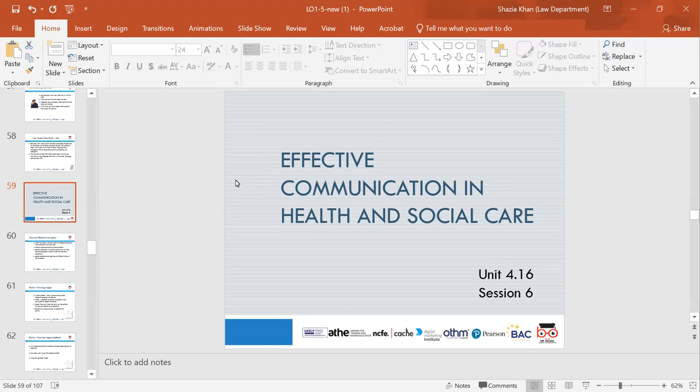So in the last session, which was looking at identifying key elements of effective communication, we looked at a variety of communication methods used within the care settings. We also looked at why clear communication is so important.